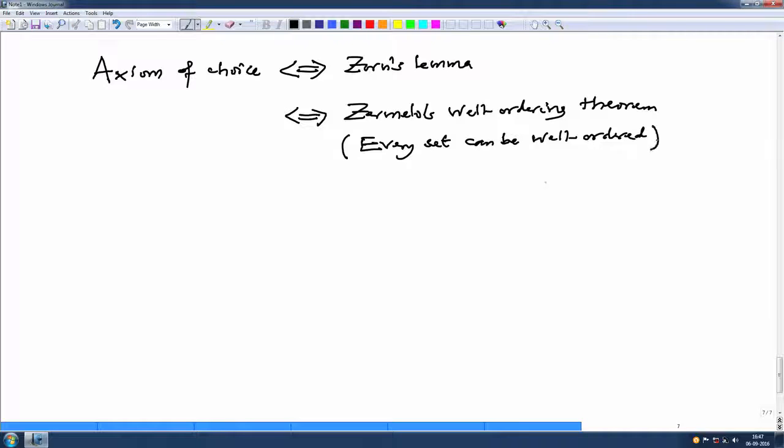So, though this is an abstract theorem, given any set A we can construct an order on it which is a well order.